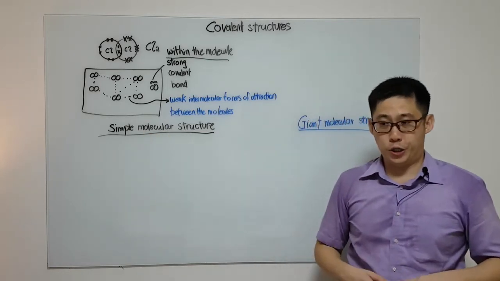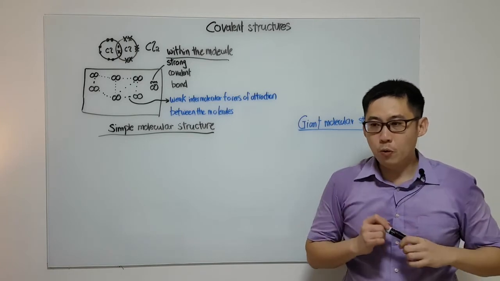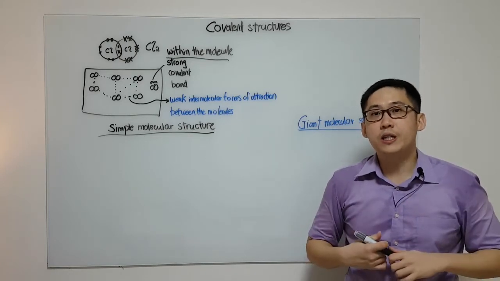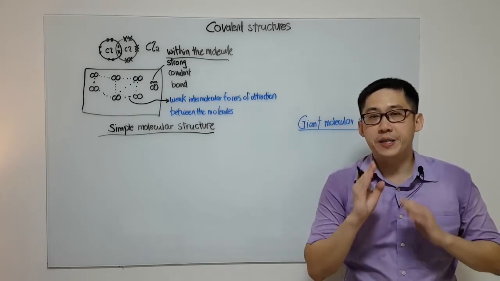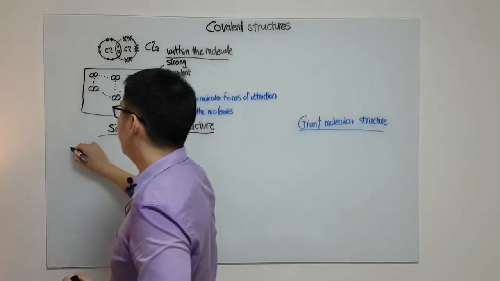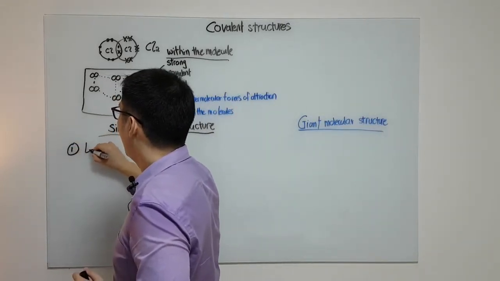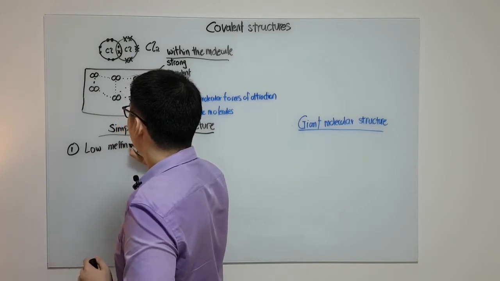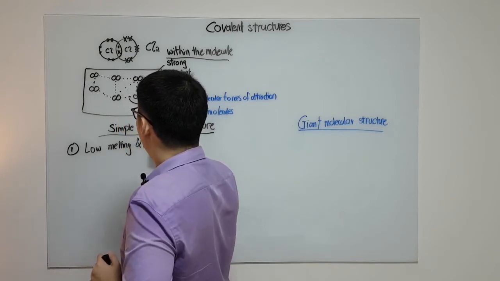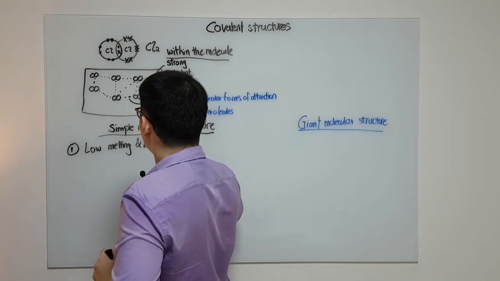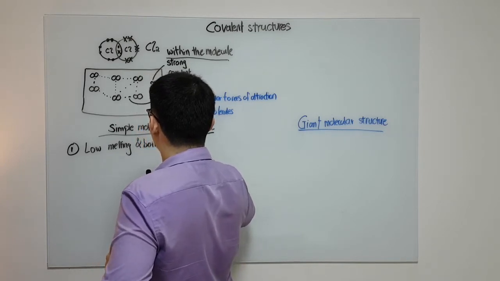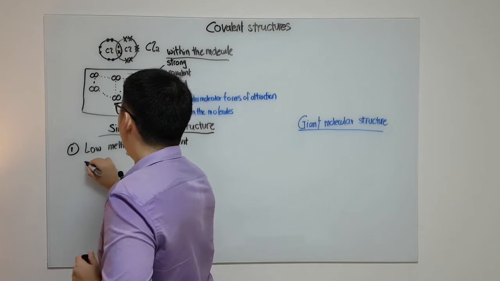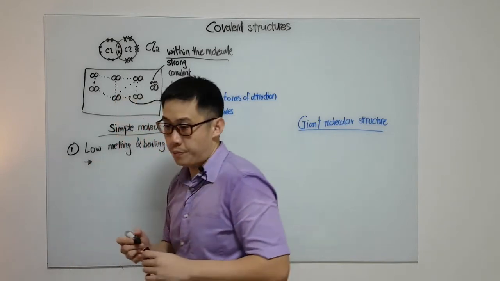simple molecular structure. Number one, we want to consider the properties. The first property you must take note of is that they are characterized by low melting and boiling points. Why is this so?